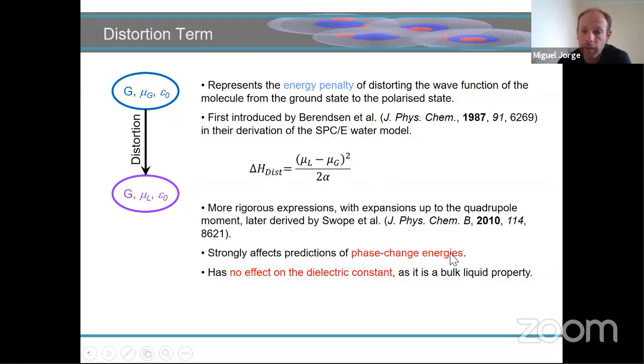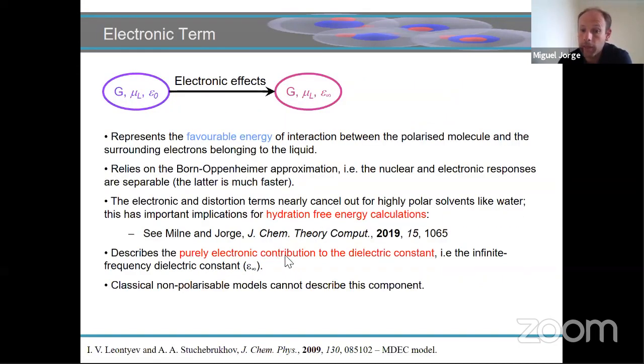Of course, this affects phase change energies like enthalpy of vaporization or solvation free energy, but it doesn't affect the dielectric constant, because for the dielectric constant you're in the bulk. The electronic effects do affect the dielectric constant quite significantly, as I'll show, because this is the purely electronic contribution. The fluctuations of this electron cloud or electron bath make a non-negligible contribution to the dielectric constant.